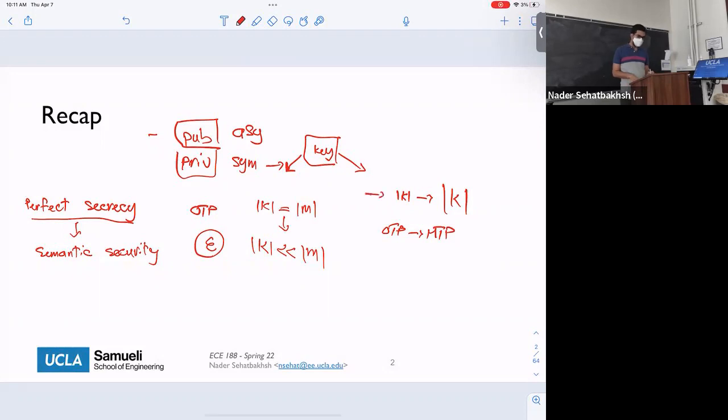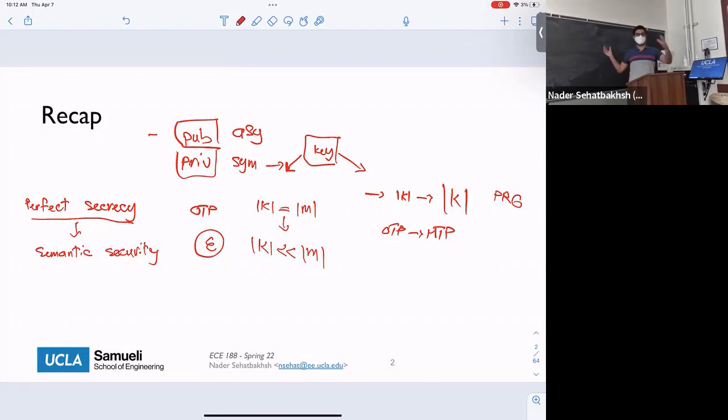For the first one, we described the concept of pseudo-random generators, or PRGs. Essentially, PRGs are algorithms that take some seed and expand it. It's not an ad hoc algorithm.